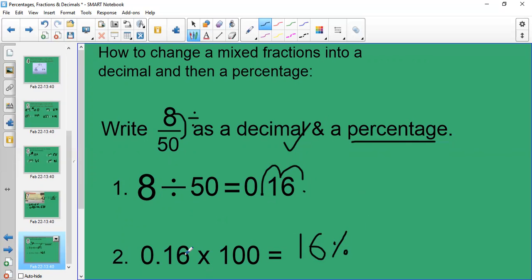So 0.16 is the same as 16%. So 8/50ths is the same as 0.16, and it's the same as saying 16%. That's how you change fractions into a decimal and then a percentage.